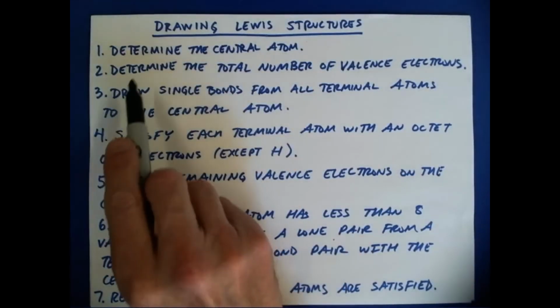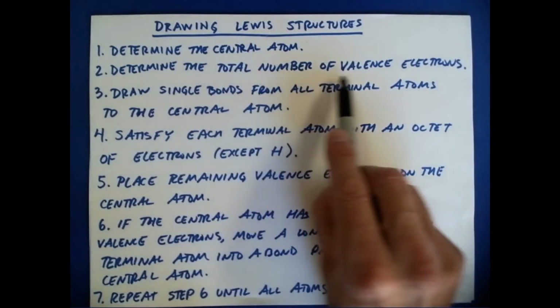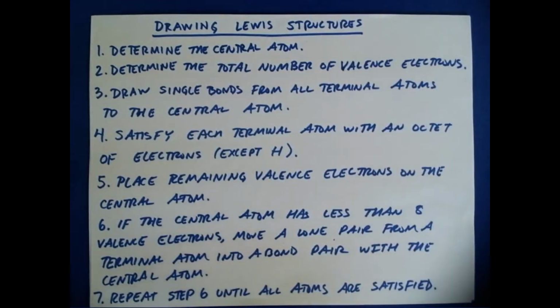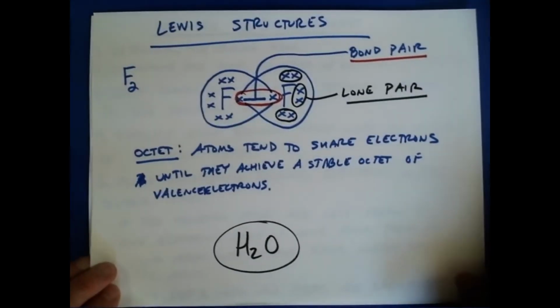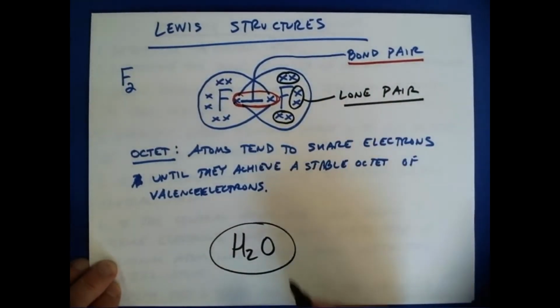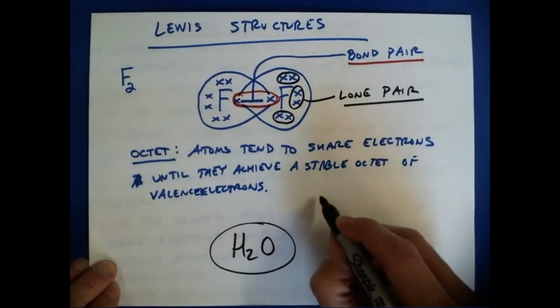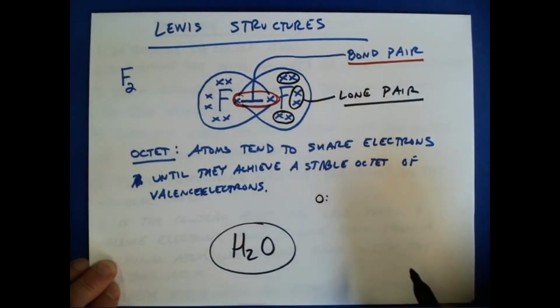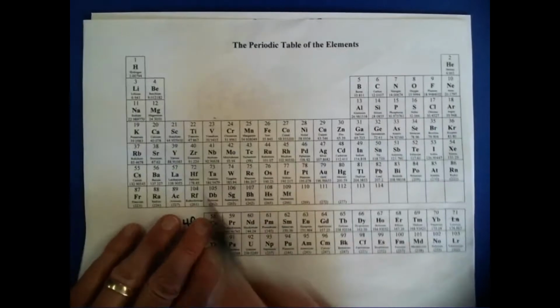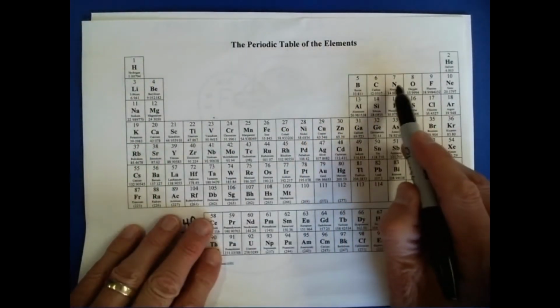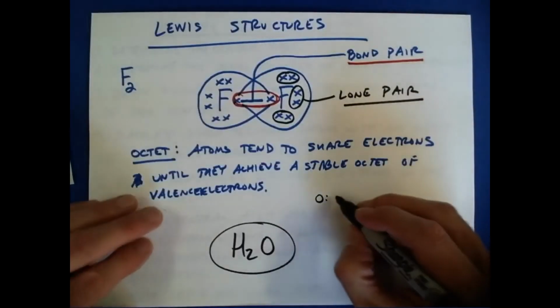The second step is we would determine the total number of valence electrons in the molecule or ion that we're trying to draw the Lewis structure for. So if we go back to water, we would count the number of valence electrons in all of the atoms involved in the molecule. So we would need to take into account oxygen, which has 1, 2, 3, 4, 5, 6 valence electrons.